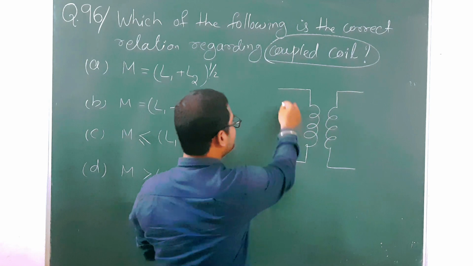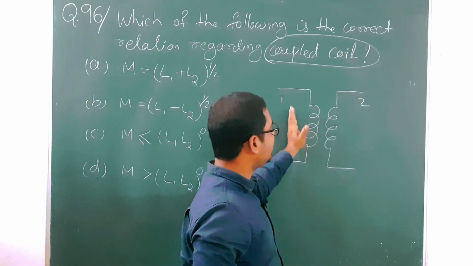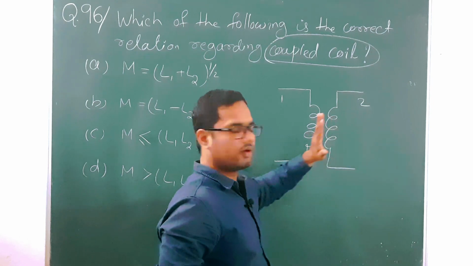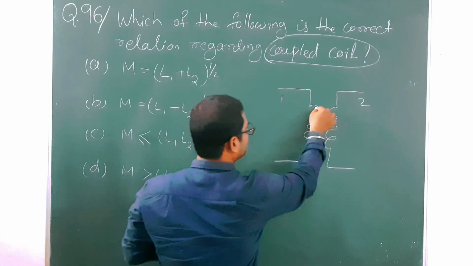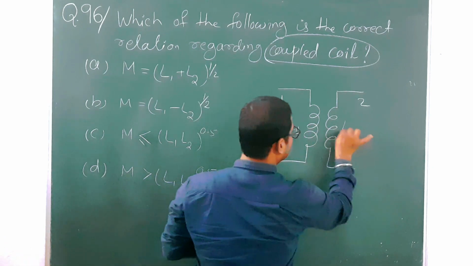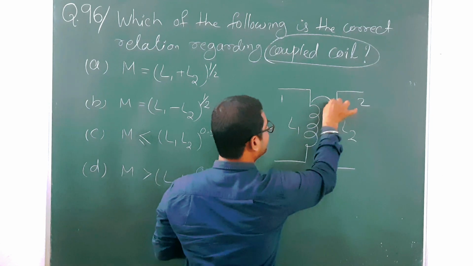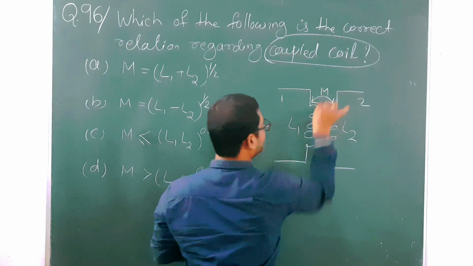Means if this is coil 1 and coil 2, the flux of coil 1 is linked to coil 2. Okay. So the individual inductance values will be L1 and L2, and the mutual inductance value will be treated as M.